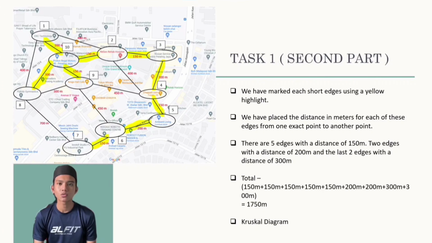There are 5 edges whose distance is 150 meters, 2 edges whose distance is 200 meters, and lastly, 2 edges whose distance is 300 meters. So the total cost for the shortest edges is 1750. As we can see in the picture, it is a graphical diagram.